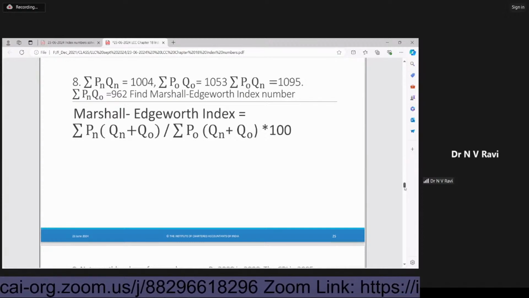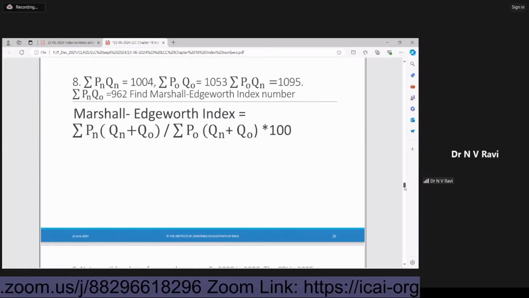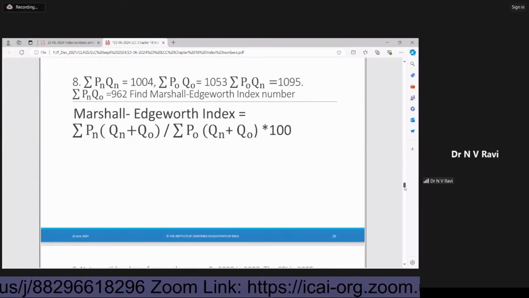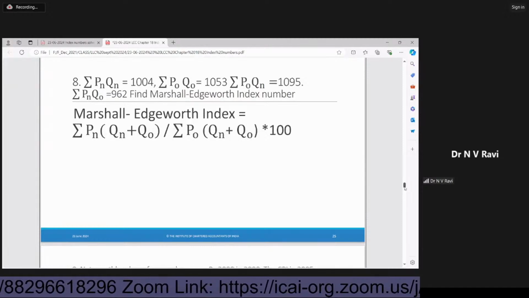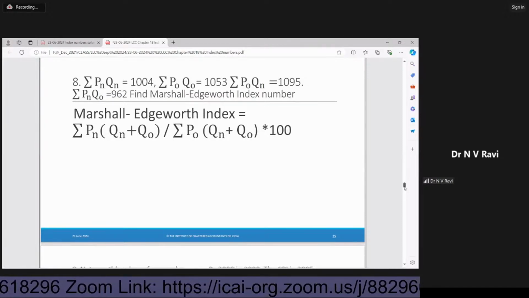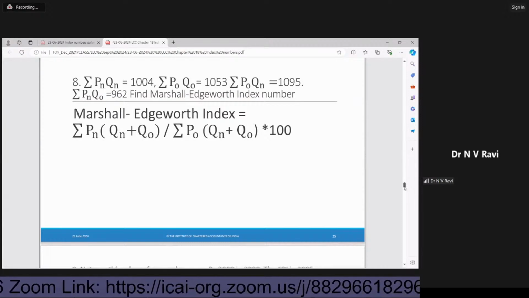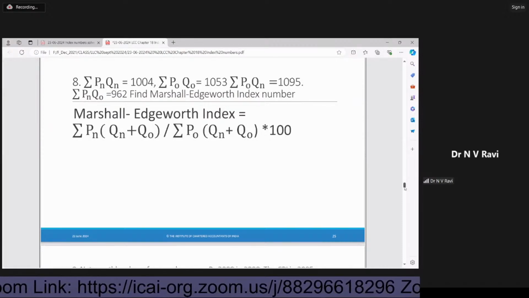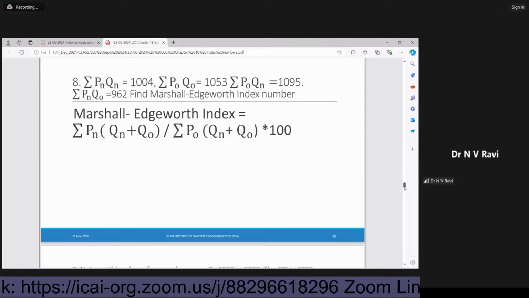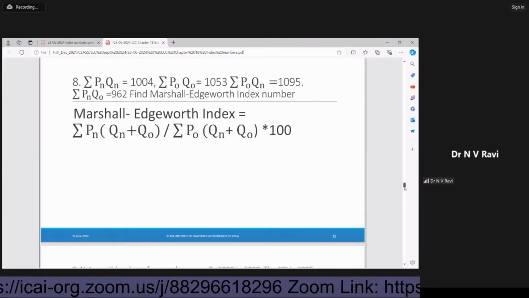The geometric mean of last pair and Cauchy's index numbers is Fisher's index number. The fourth index number in the syllabus is the Marshall-Edgeworth index number. In that, we take the average of base year quantity as well as current year quantity as weights. Please remember these 4 points are important from the theory point of view also.